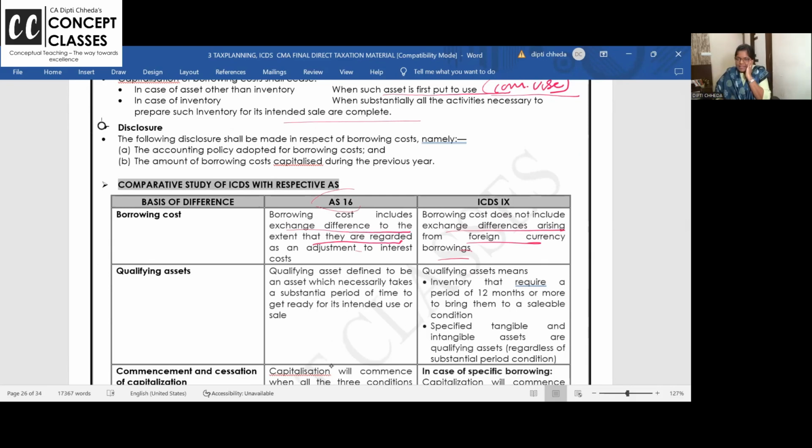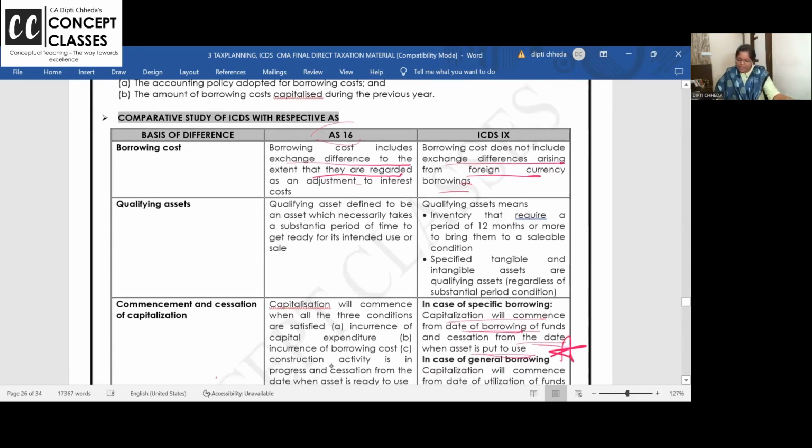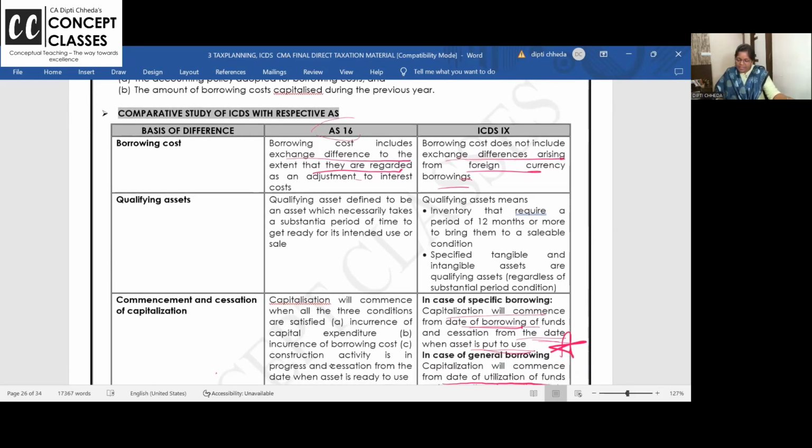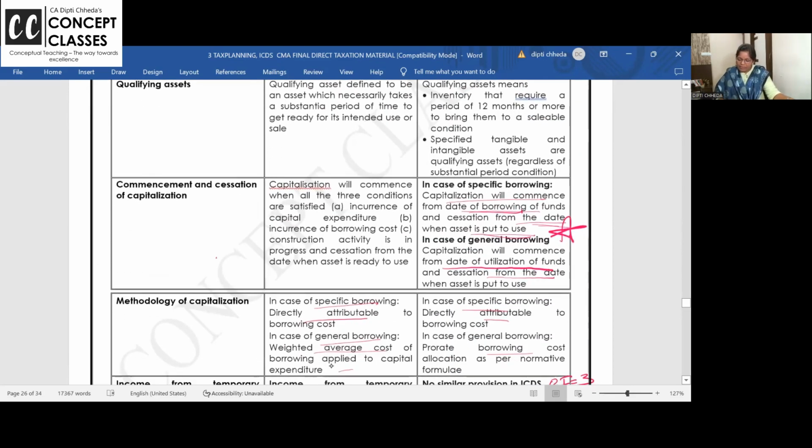AS 16 says that if you have taken a loan for a qualifying asset from a foreign country, then the exchange difference you also adjust here. ICDS 9 says for exchange difference you have another standard, AS 11. Don't adjust it here in interest. And the qualifying asset definition is the same, 12 months.